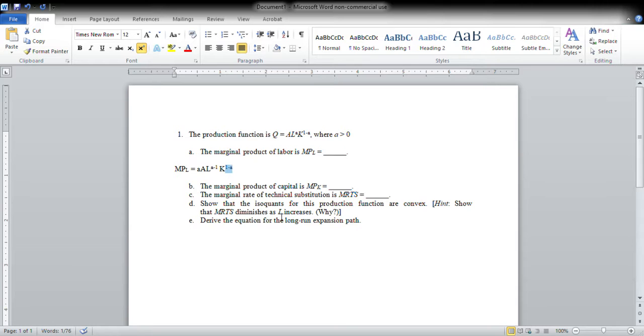And we do the reverse to find the marginal product of capital, the MP subscript K. And what do I mean by that?